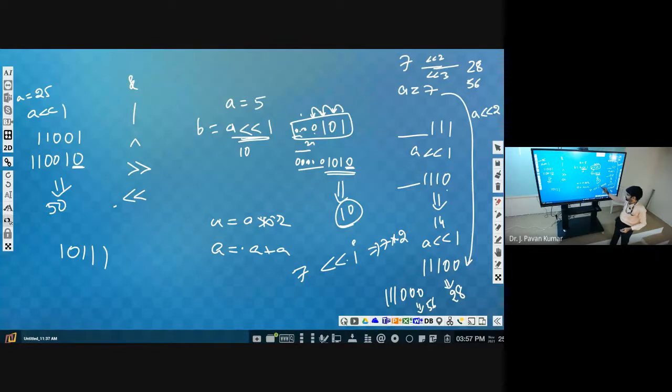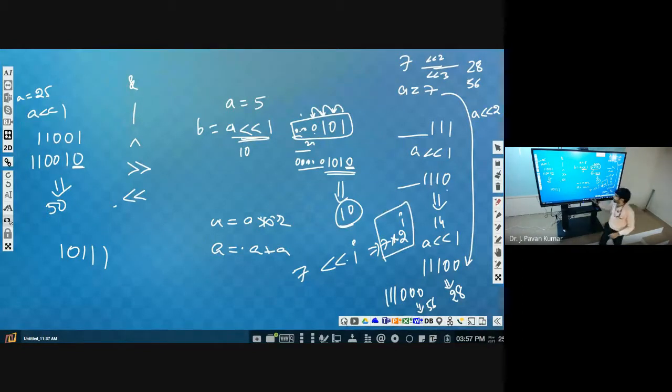For the first time when we shift only one time, 7 into 2. 2 times means 7 into 4. 3 times means 7 into 2 power 3. So I times means 7 into 2 power I.